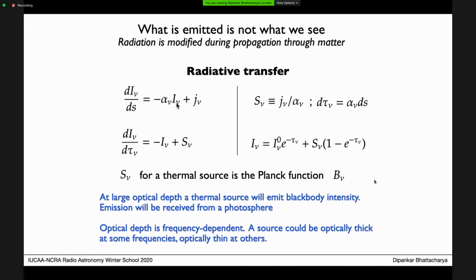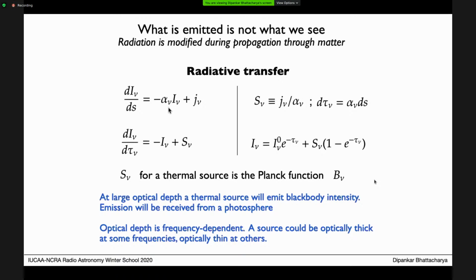We have another quantity called alpha nu, and this relates to the fact that if on any material some external radiation is incident, then the material ends up absorbing some of that radiation. So the amount of absorption per unit volume, proportional to the intensity, is called the absorption coefficient, or alpha nu.